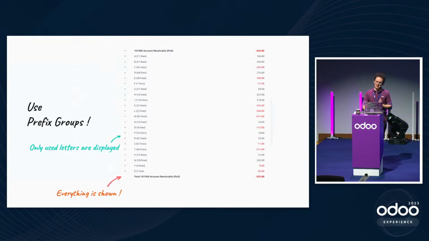So for that, we introduced a mechanism called prefix groups. So what's the big idea behind that thing? Basically, when you see that when unfolding a line, you will get too many sublines like that, you just compute prefixes. So you just pick the first letter of each line that you would need to display and compute some kind of indexing like you would see in a dictionary with them, and you display just one line per letter.